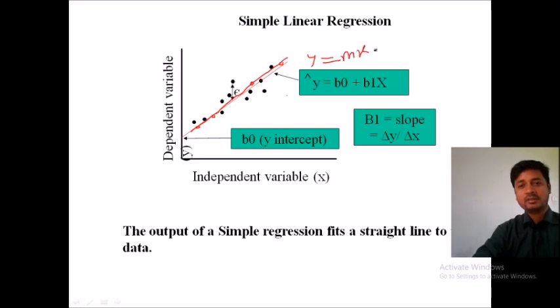Here c is b0, the intercept on the y coordinate, and b1 is the slope of the model, the slope of the line.